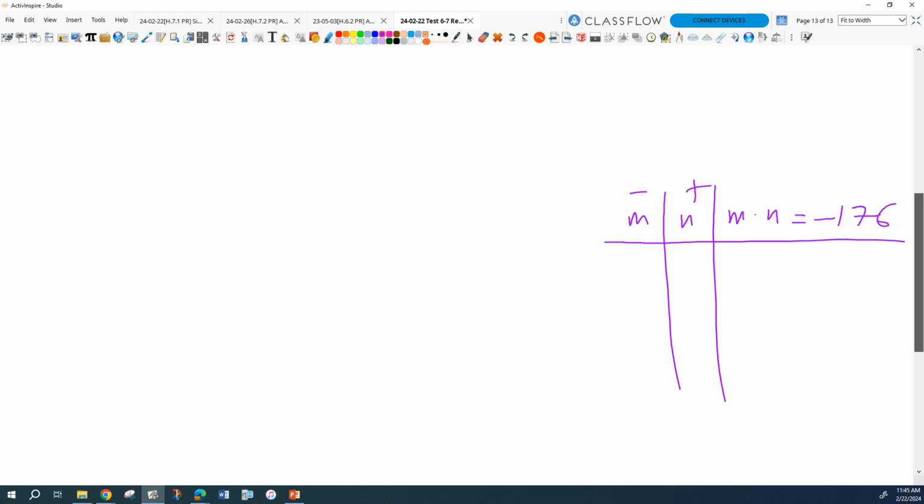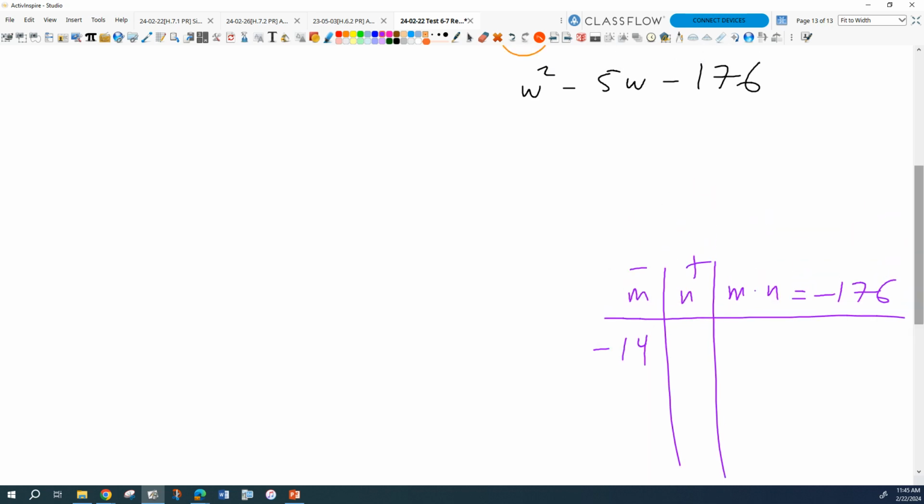So let's just pick a value to start with here. What if I pick something like negative 14, and what would equal negative 5? 9. So what if we multiply those? That's going to give me negative 126. So I need bigger numbers, don't I?